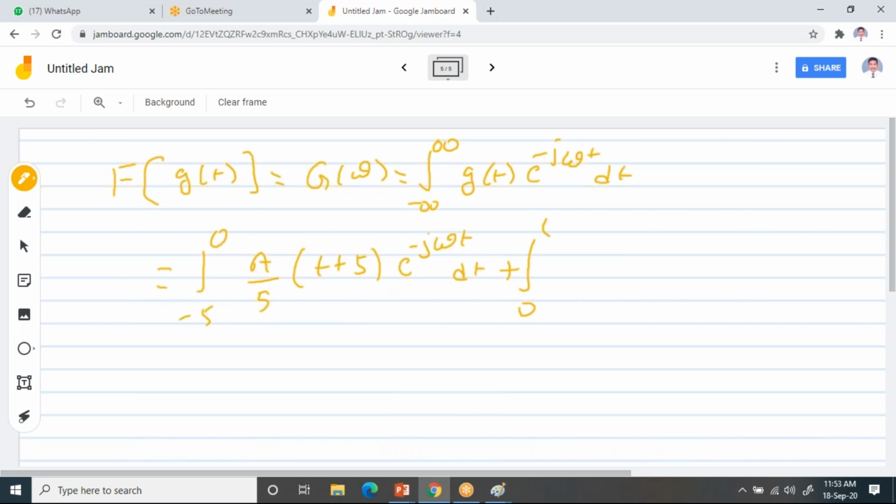Then the integral from 0 to 5, that is the second part, which you can write as minus a by 5 into t minus 5. Just observe this equation.